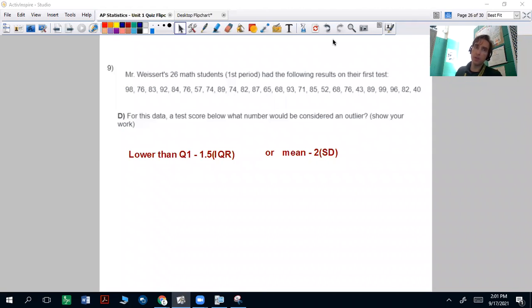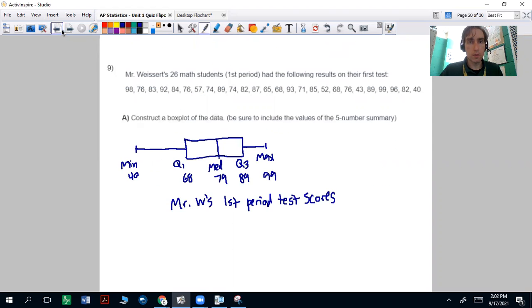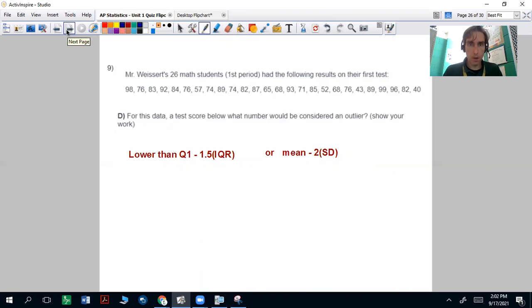All right, the last part here, it says for the data, a test score below what number would be considered an outlier? Show your work. There's two ways you can mathematically calculate that. One is anything lower than Q1 minus 1.5 IQR. So if you know the IQR, I'll go back here real quick. 89 minus 68, and it's going to be 21.